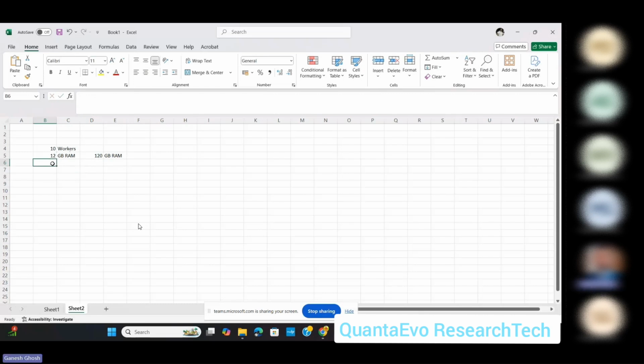Now I have 120 GB of RAM in total and 100 GB of data. So I can easily distribute this 100 GB of data between these 10 workers, and each will get 10 GB.